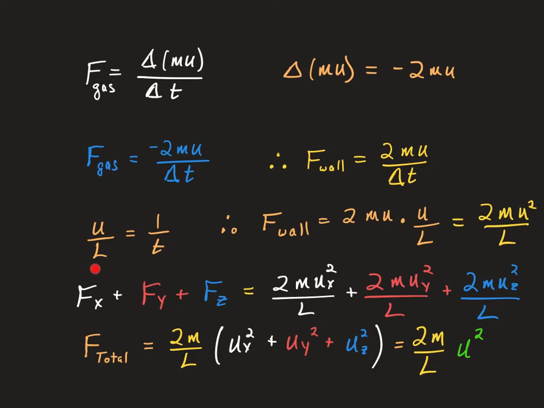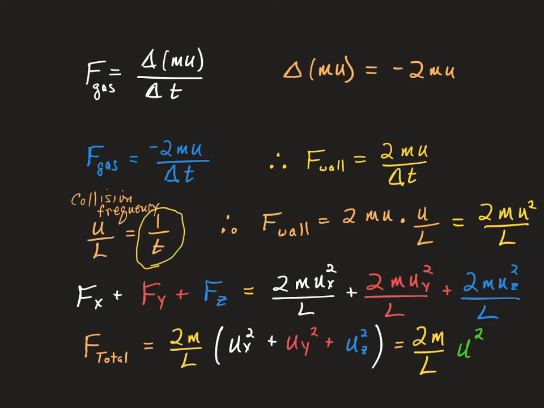So now let's go back over here. Remember that the speed divided by the length was the collision frequency, and that it had units of 1 over time.